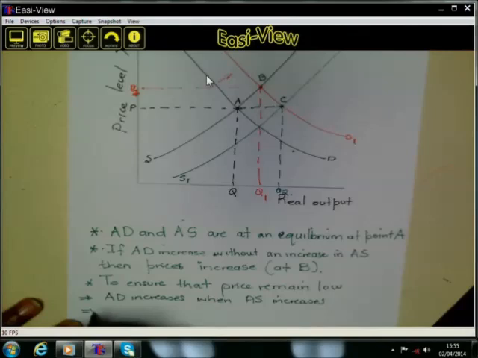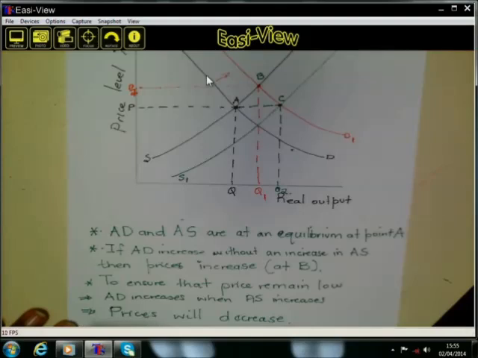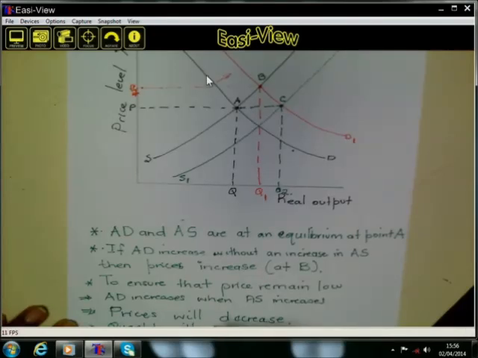So what is the effect of that? If aggregate demand increases and aggregate supply increases as well, then prices will decrease. But what happens to quantity? Quantity will increase.